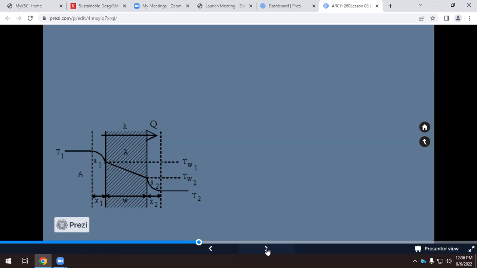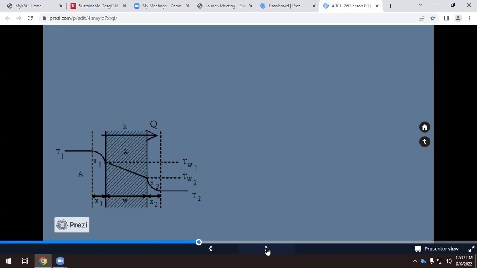So now it's quite easy. What's the thermal resistance of material 1? It's the thickness of material 1 divided by the thermal conductivity of material 1. What's the thermal resistance of material 2? The thickness of material 2 divided by its thermal conductivity. Material 3, thickness divided by thermal conductivity. And then we have the thermal resistance of external air and of internal air. So this is all you need to know.